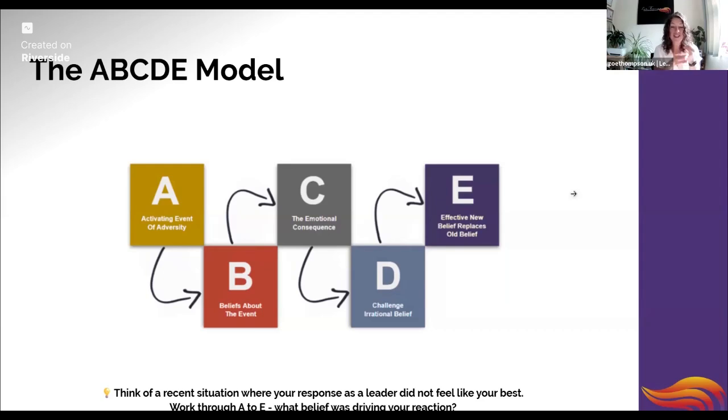How can you actively challenge that belief? Where is it true? Where is it not true? What is the evidence actually telling you when you go past that story that you've been telling yourself, probably for quite a long time? And what do you want to believe instead? And then the next step is to start looking at where you can go out and gather that evidence to support that new belief.